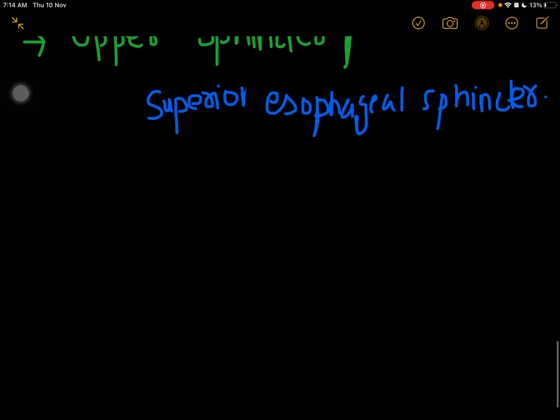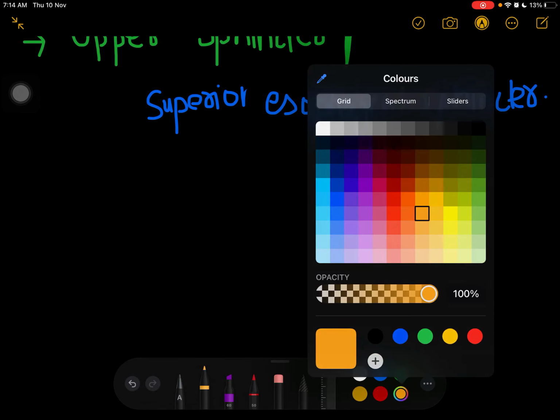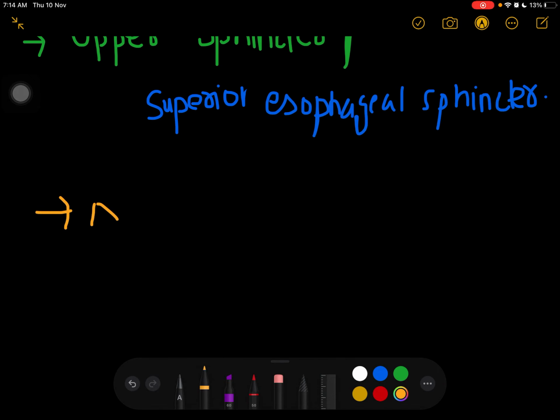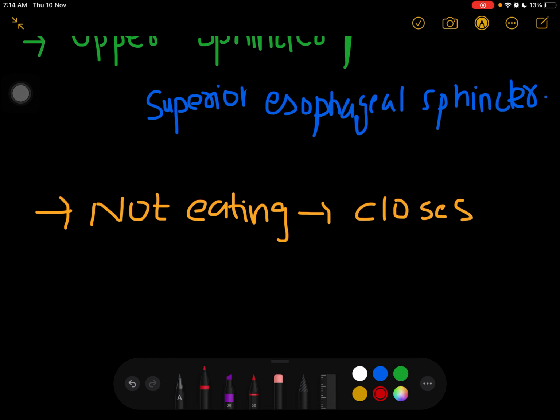So mostly when we are not eating anything, this is closed, or you can say it is contracted. When you are not eating anything, this is contracted so that air does not pass to your esophagus, because the air passageway is trachea, not esophagus, right?